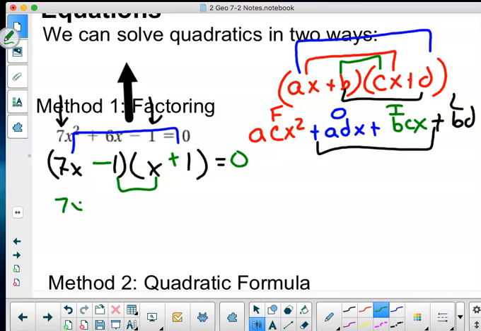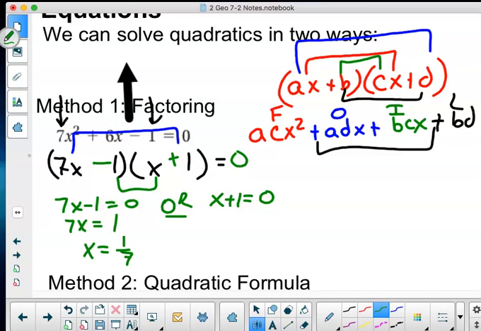Either 7x minus 1 is equal to 0, or x plus 1 is equal to 0. Now I'm going to solve for x. 7x is equal to 1 because I add 1 to both sides, and I divide by 7, so x is 1/7. Or I subtract 1 from this side, and x is equal to negative 1.